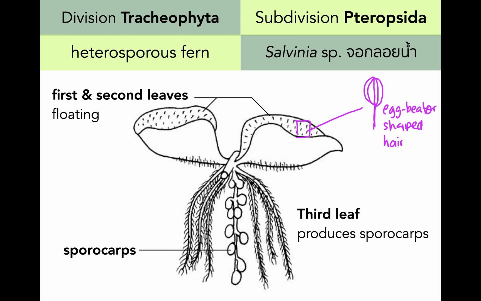The egg-beater hairs help them float, and then the third leaf goes down, and they produce the sporocarp just like what you see in Marsilea crenata. So those are the three genera of aquatic ferns that we want you to recognize and know in the field. This part is just to recognize that these are aquatic ferns and they are heterosporous.